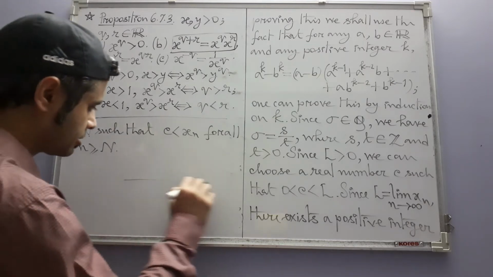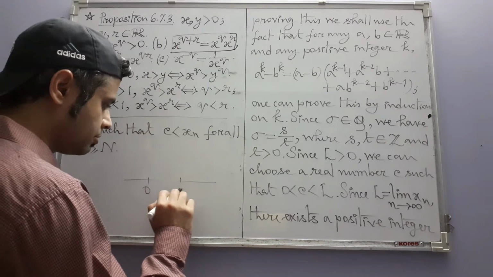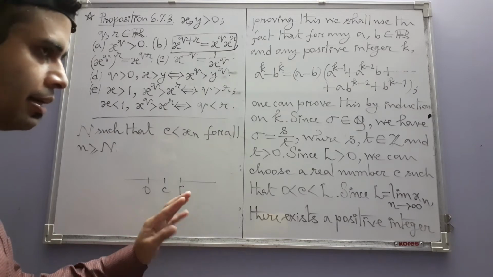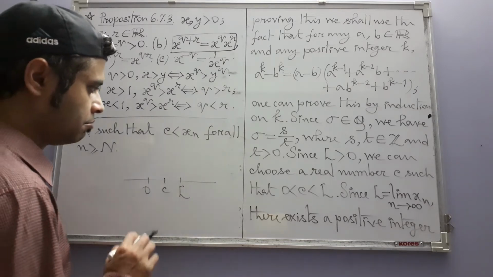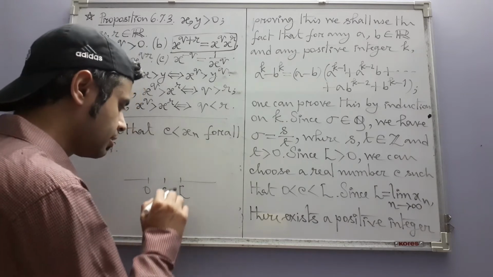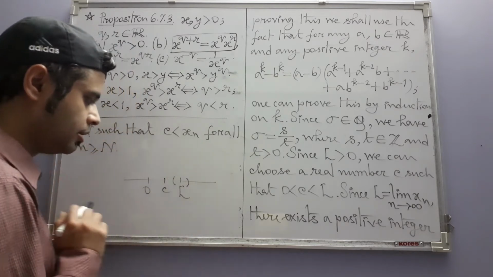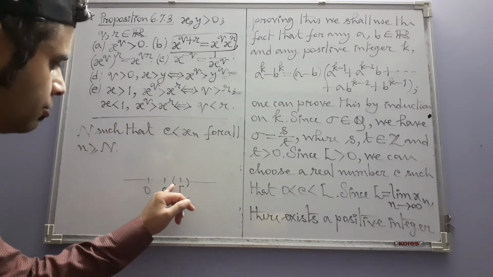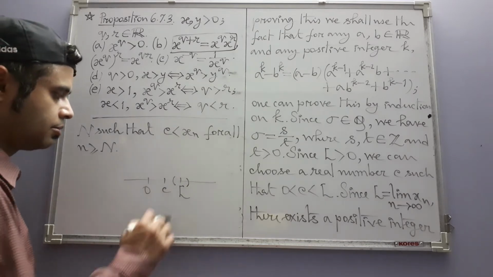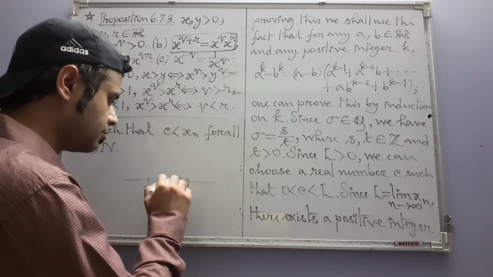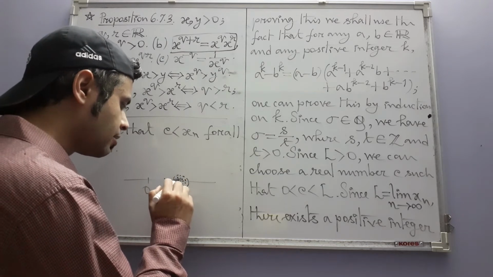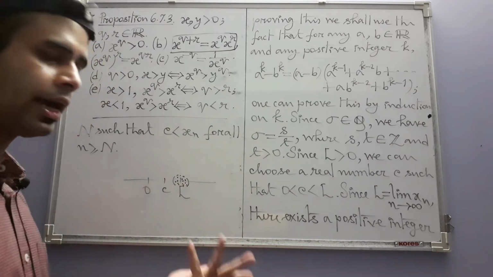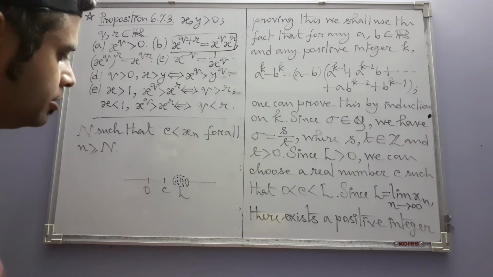Because you see, the situation is like this. This is here 0, this is L, C is here somewhere. C may be very close to L, that does not matter. Because L is the limit of the sequence xn, you can find a region around L small enough to not contain C. Then most of the sequence terms will be trapped within this region. Only finitely many will lie outside the region.